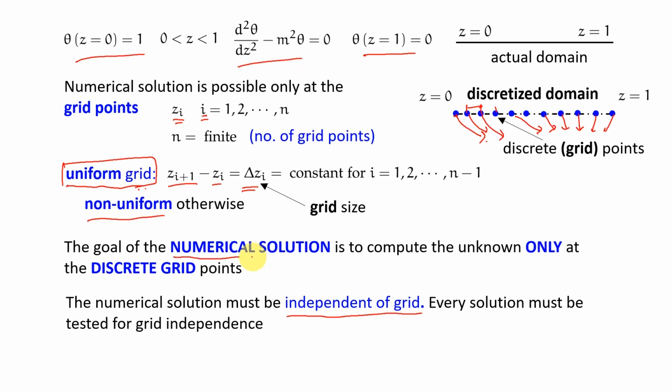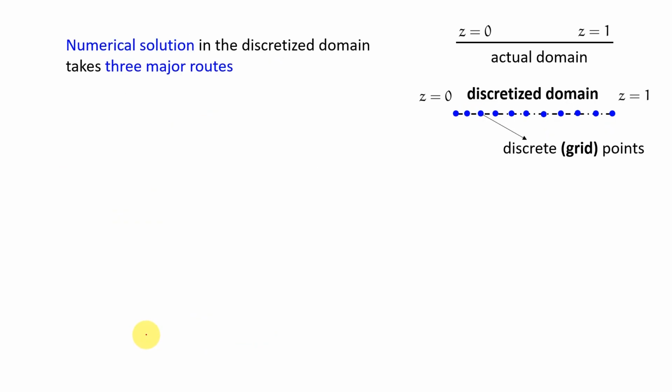We are using grids to have some numerical solution. So at the end, no matter how we decide our grid, the numerical solution should be independent of our decision, and this is something in computational literature we call grid independence. All numerical solutions should be independent of the grids that we are taking, and we must test our solution for grid independence at the end.